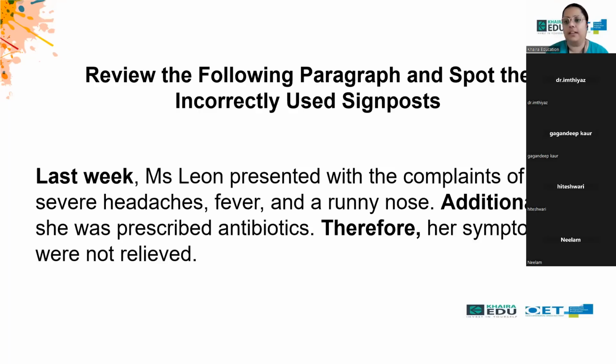One is a sequential signpost, then we have an additive, and then we have one for consequence. Find out which ones are incorrectly used. You don't have to write the correct one, just write the incorrect ones in the chat box. Okay.